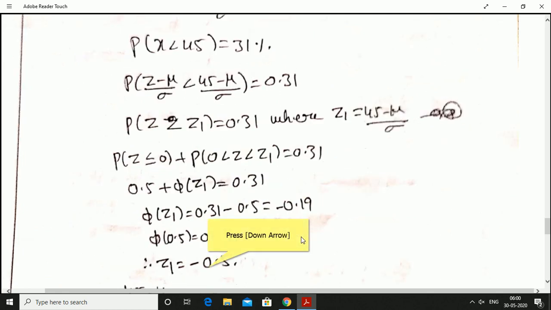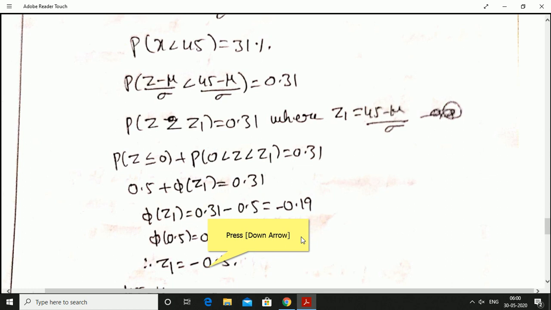Probability of z less than or equal to 0 means area from minus infinity to 0, that is nothing but 0.5. Area from 0 to z1 is phi of z1 equal to 0.31. Therefore, phi of z1 is equal to 0.31 minus 0.5, it is minus 0.19. Now we need to find out z1 corresponding to the area 0.19.